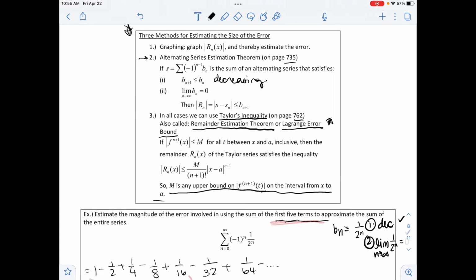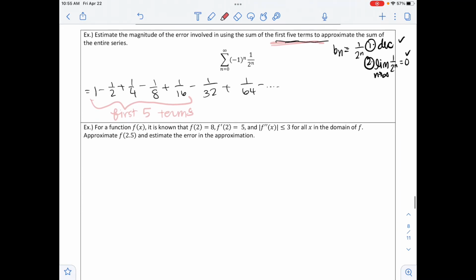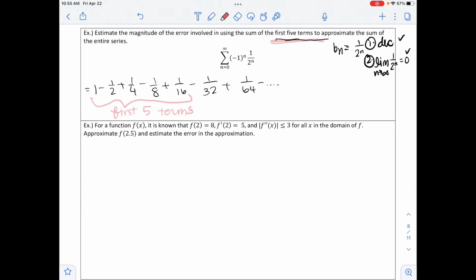As stated up above, we can see that our remainder, the absolute value of R sub n, is going to be less than or equal to b sub n plus 1. So back down to our problem. Since this was asking for the first 5 terms, b sub n plus 1 would be the next term, which is negative 1 over 32.